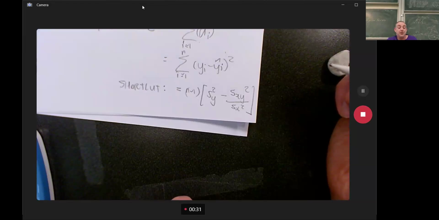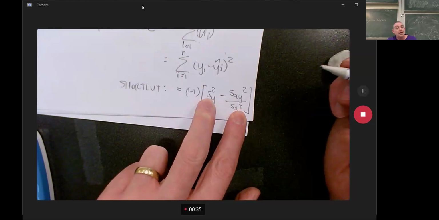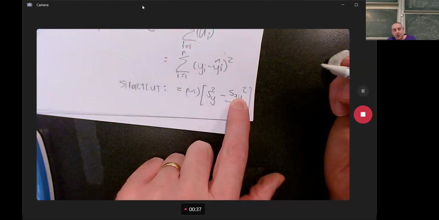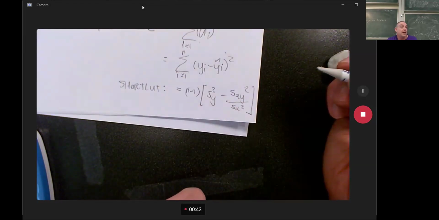So officially, you can figure out this quantity from the standard deviations of x and y and from the covariance. I've never seen this formula in my life, but I'm not surprised that it exists.